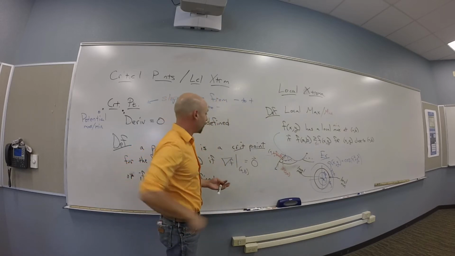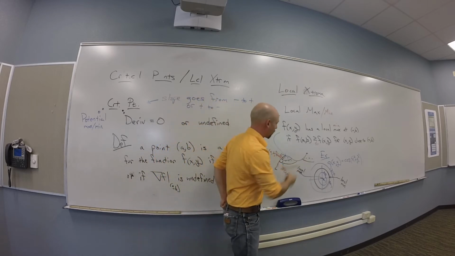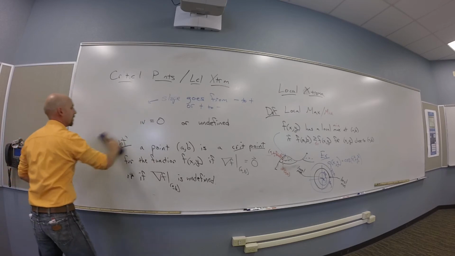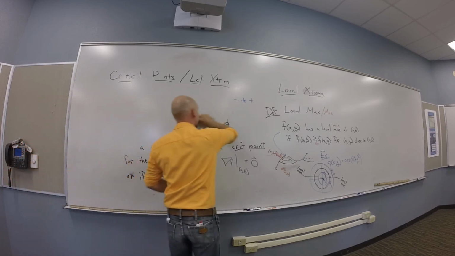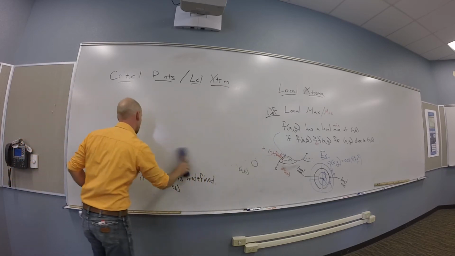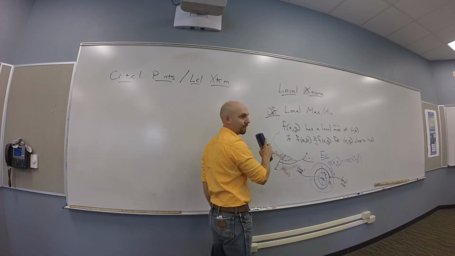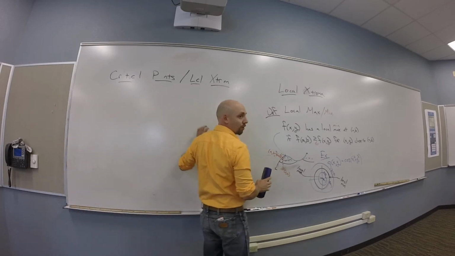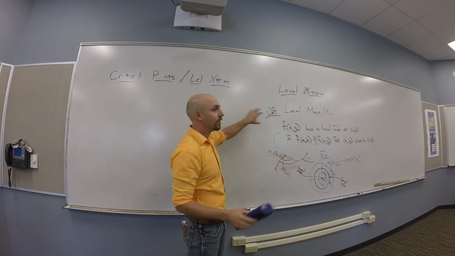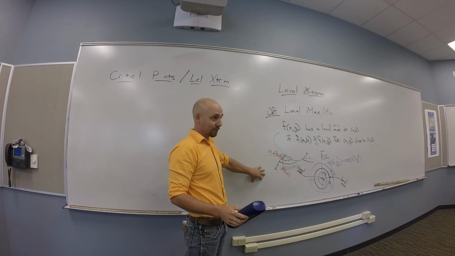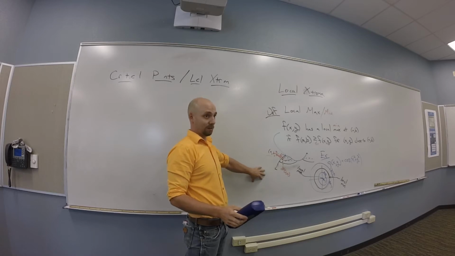Okay, now let's see if we can find the critical points for our example. And then we'll talk about how to classify them, because we still don't know how to actually classify them. So far I've given you what a critical point is, and here's what a local max and a local min are. I haven't bothered to define a saddle, because I think you guys probably have an intuition about a saddle.